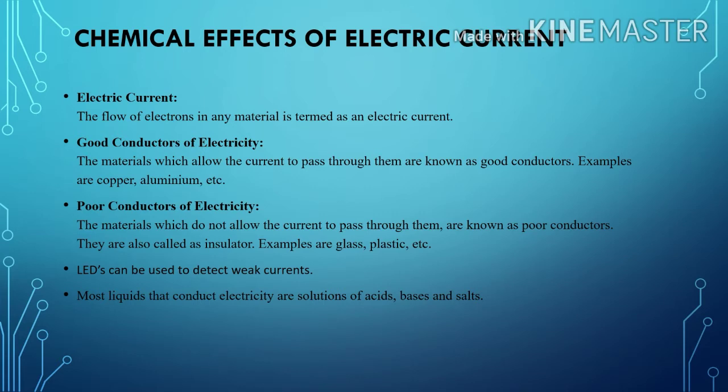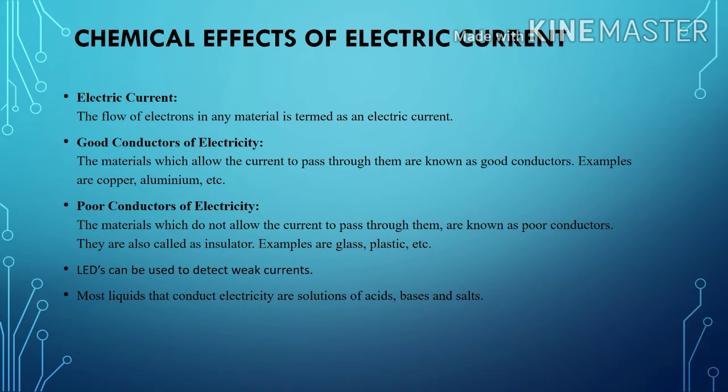Then we have discussed about liquids. Most of the liquids conduct electricity. They are solutions of acids, bases and salts. If we take tap water, which is obtained from various sources like rivers, wells, etc., it contains many impurities as well as different salts.